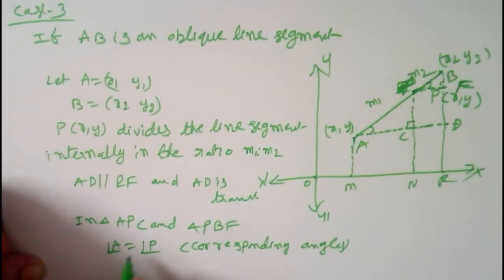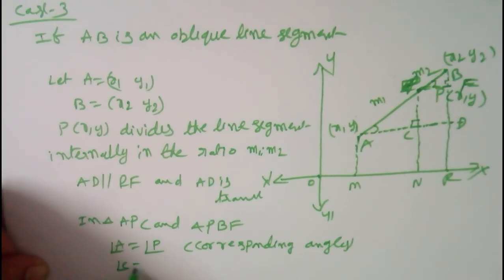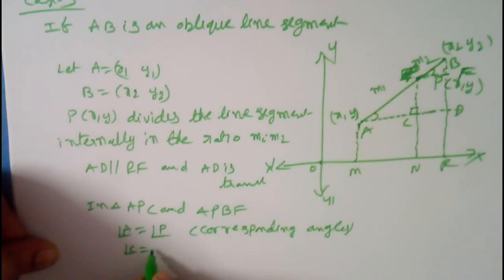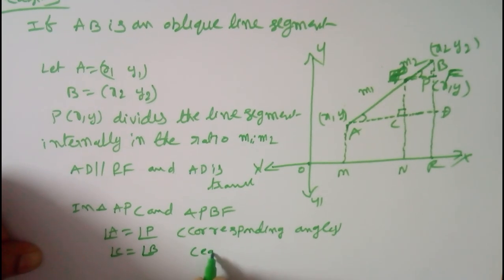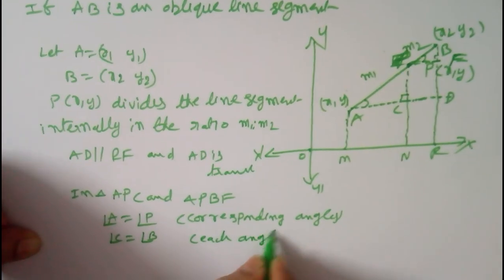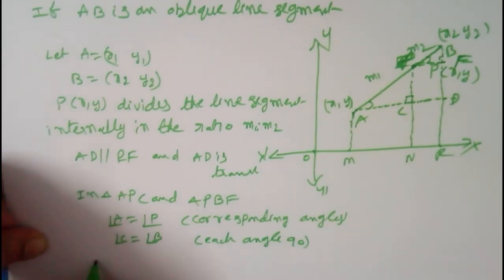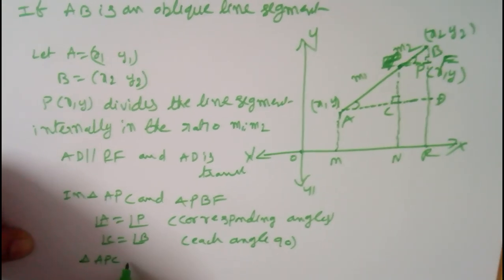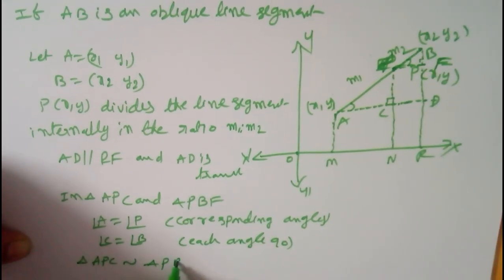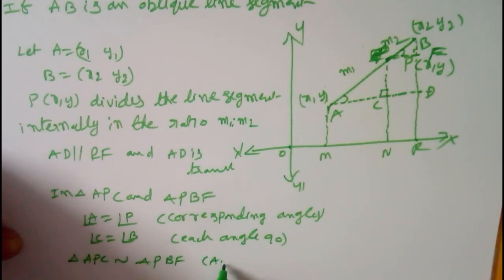Angle C is equal to angle B, each angle 90 degrees. Therefore, triangle APC is similar to triangle PBF by AA similarity.